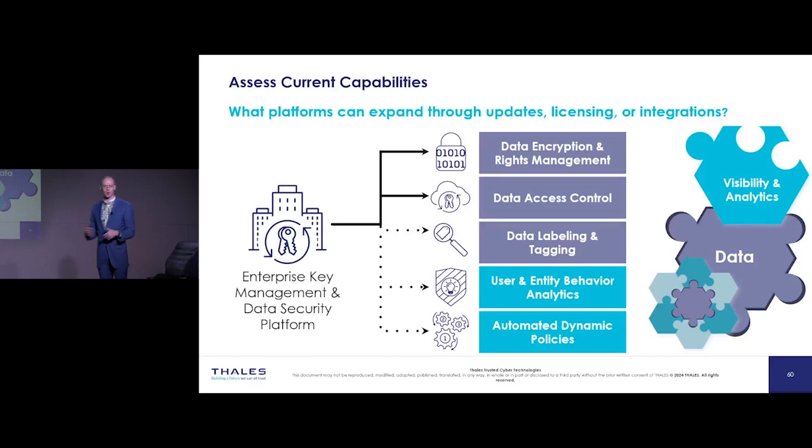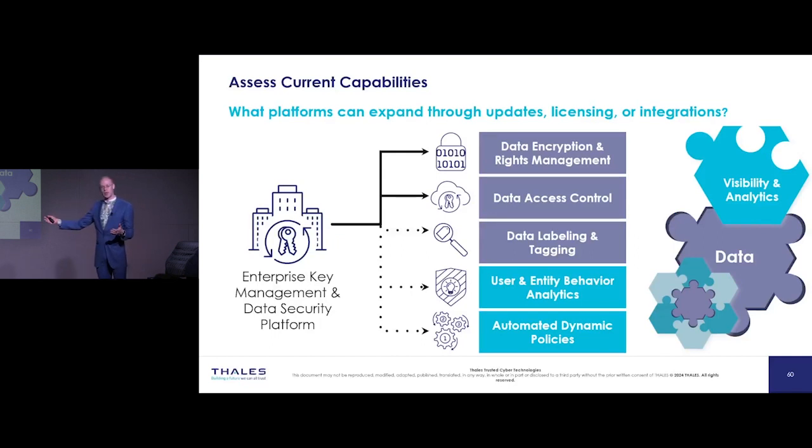But I go back and work with the vendor, and that product, through some additional licensing I could procure, will let me do data tagging and labeling. Then I work with that vendor some more, and maybe I want to do behavioral analytics, and I have this other product that I've already deployed that does my analytics for me.